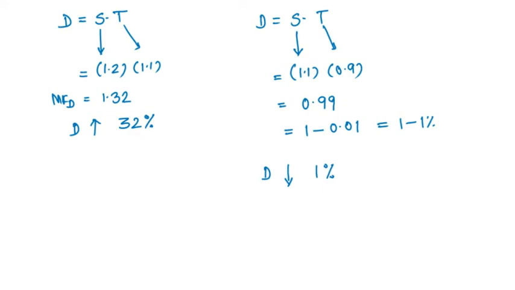It is 1%. 0.99 is 1 minus 1%, not 1 minus 10%. Understand these concepts. These are very powerful concepts if you can do it mentally. 0.9 is 1 minus 10%. 0.99 is 1 minus 1%.